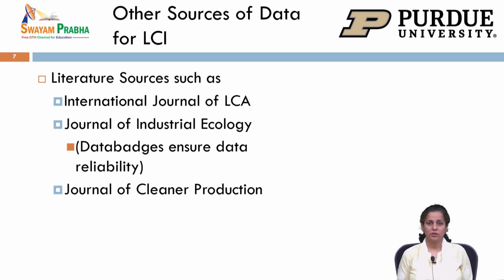So you also find really good quality data because it has been vetted by researchers and peer reviewed for use by other researchers. So of course, data becomes a very important aspect in doing a good LCA, and being vigilant about what data you are using and from where is an important aspect of the second stage, the life cycle inventory.